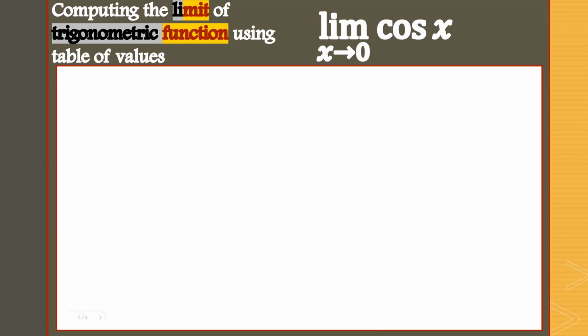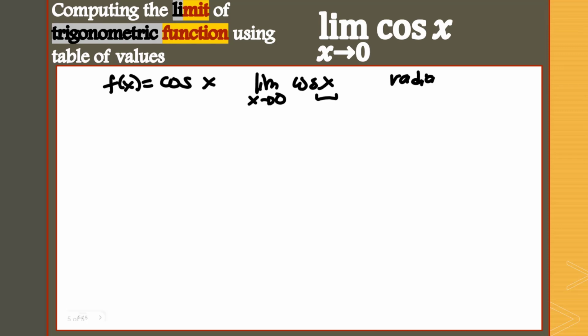So again, our function here is the trigonometric function cosine x, and we are going to solve for the limit of cosine x as x approaches 0. Now, our x here could be represented in two different forms. We could use radian measurement, and we could use degree measurement. Of course, the radian measurement goes with pi, and degree is of course degrees.